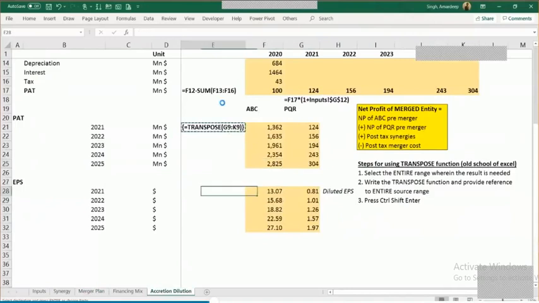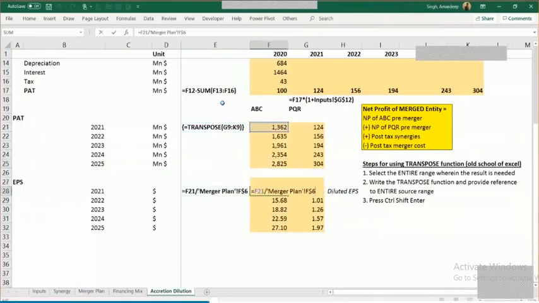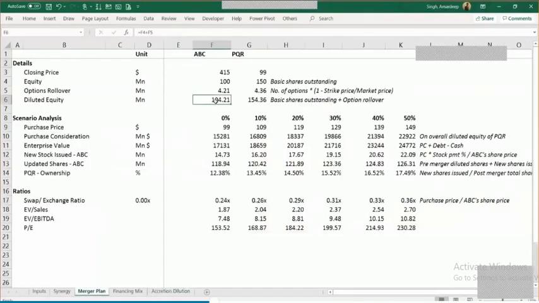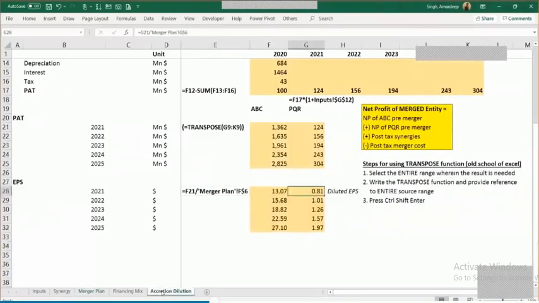So it is nothing but net profit divided by F$6, because I want to bring the number of shares from the merger plan sheet, which was already computed here, as 104 million for ABC and 154 for PQR in G6. That gives you the pre-merger EPS. This is the pre-merger EPS. And this one is pre-merger net profit.